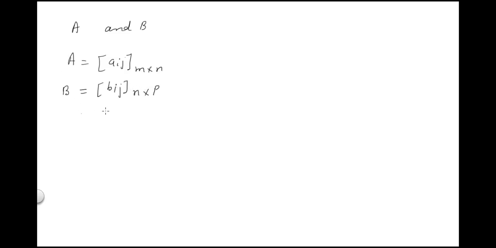So if you multiply A with B, the resultant matrix will have the order m cross p. Clear? So the number of columns in the first matrix should be equal to the number of rows in the second matrix. Only then can we proceed for matrix multiplication.